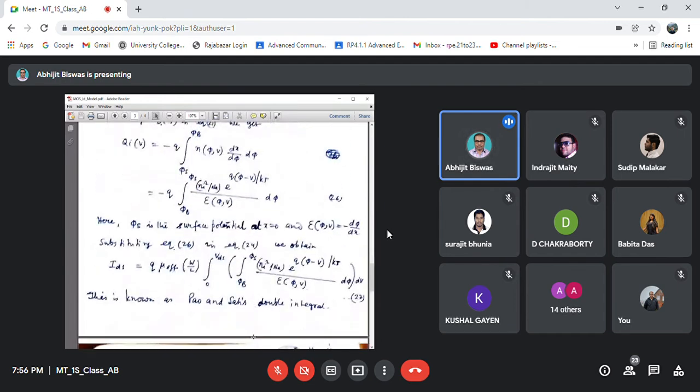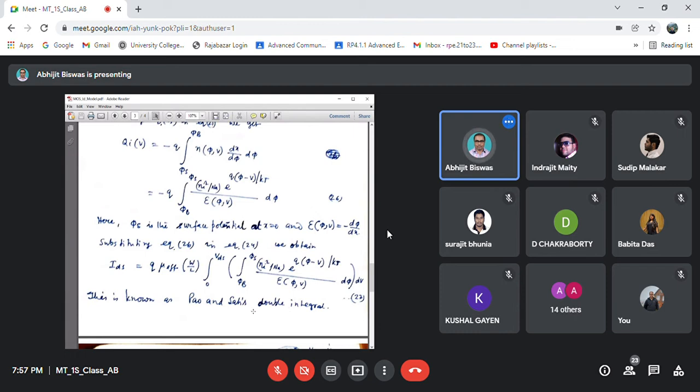Then you can arrive at this important equation 27, that is IDS, the drain to source current, equal to q mu effective W by L, where W is the width of the channel and L is the length of the channel, integration 0 to VDS.